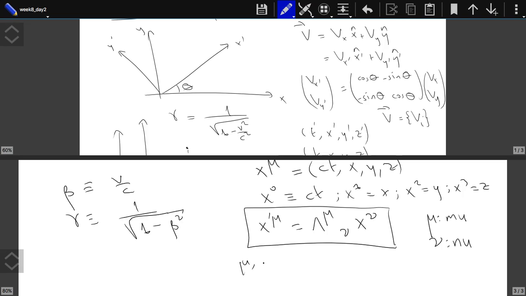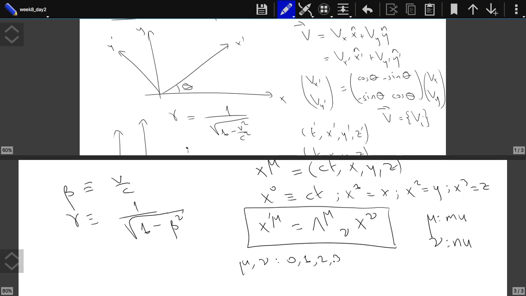This mu and nu can take the values 0, 1, 2, and 3. And you see here I have a summation over nu, from 0 to 3, although I don't write it explicitly. This will be the notation we will be using.